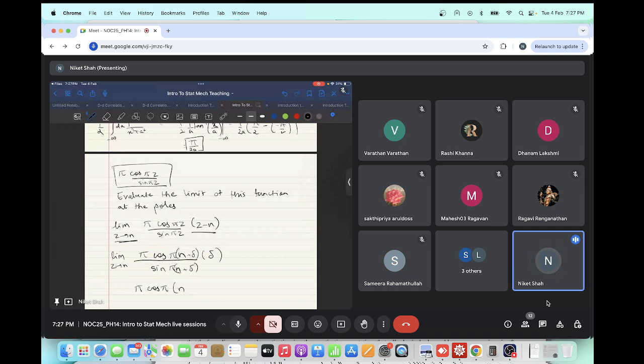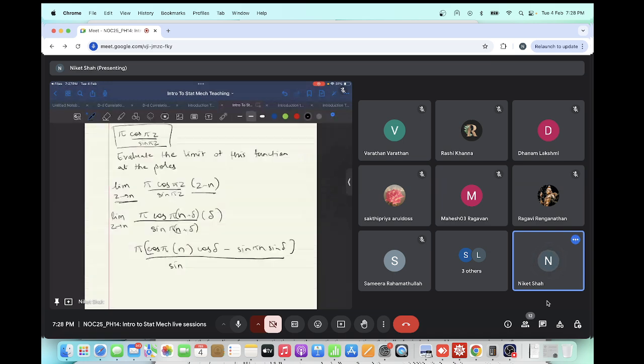So cos pi n minus cos pi delta. Cos a plus b is cos a cos b minus sin a sin b, divided by sin of a plus b. So that is sin a cos b, sin pi n cos delta, plus cos a sin b, cos pi n sin delta, multiplied by delta pi into this.